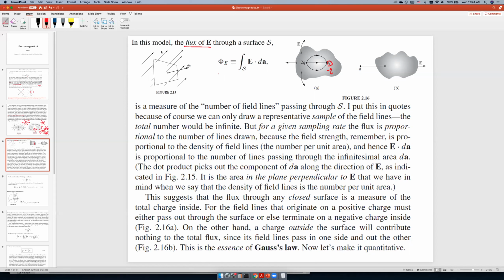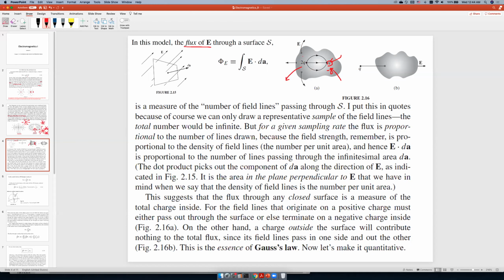So this phi E, or flux of E, is the number of field lines passing through S. If you have a positive charge and a negative charge, there will be some field lines going out, and maybe some field lines going in to the surface.